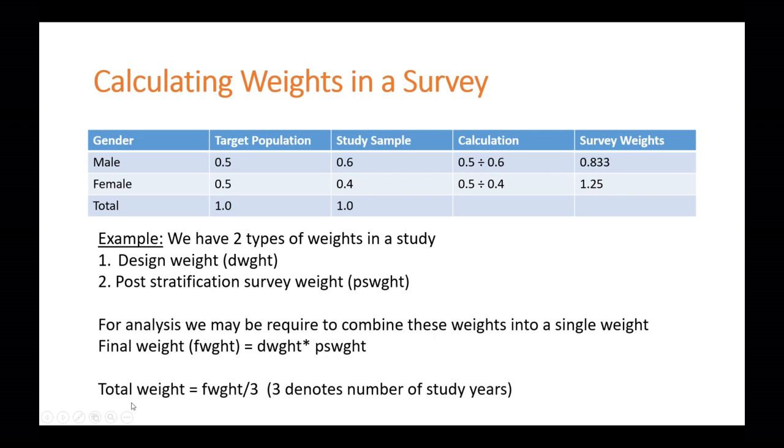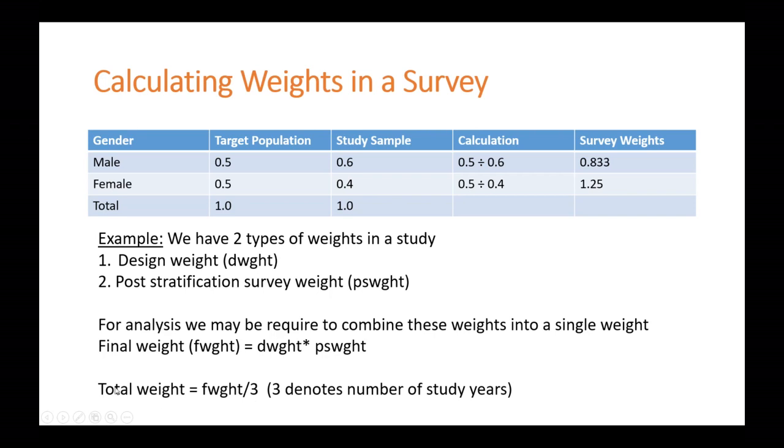And further, especially when you're doing any kind of longitudinal study, which goes on for years and years, if you want to adjust for the number of years that you're doing that study for, you can prepare another weight wherein you divide that final weight by the number of years you are doing this study or the number of years of data that you're using for this study.